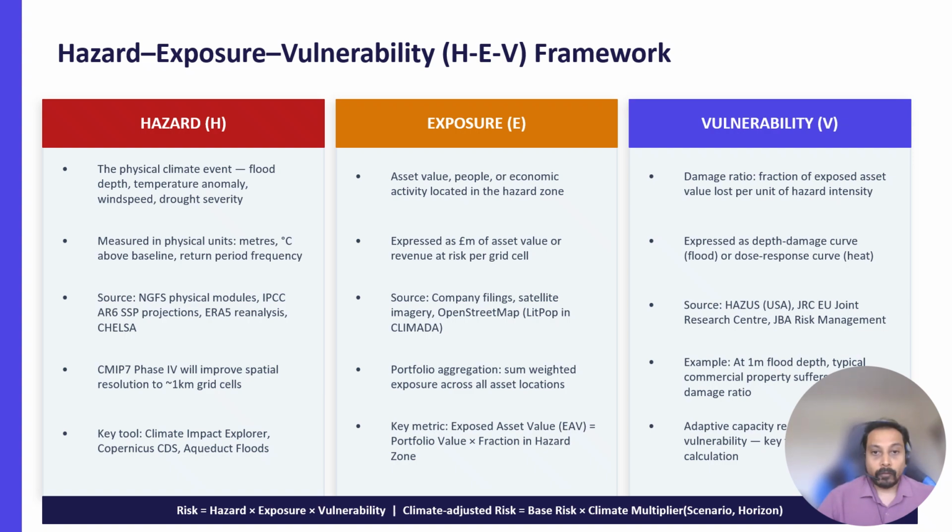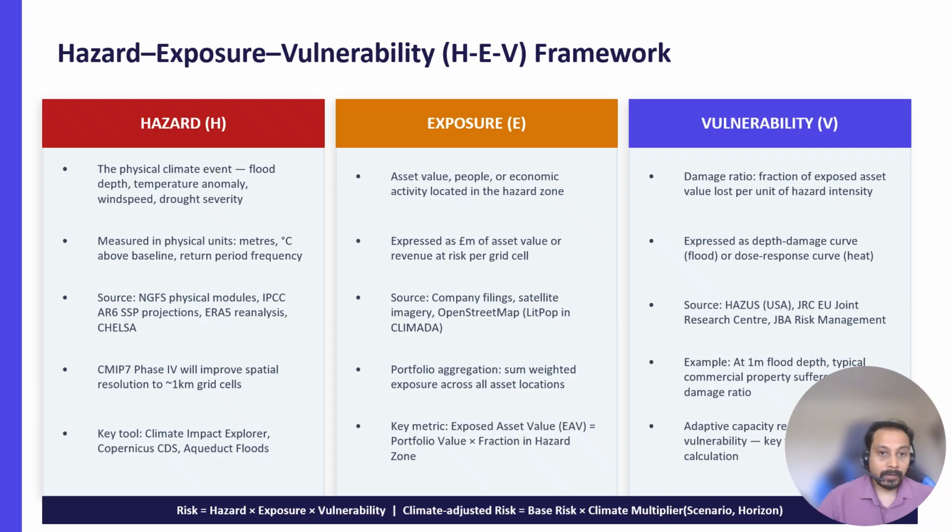Exposure is what you own that's in the hazard zone, and that is very important after the hazard calculations and the vulnerability assessment. At the asset level, it's the replacement value of a building or piece of infrastructure. Exposure is different at the asset level and at the portfolio level.